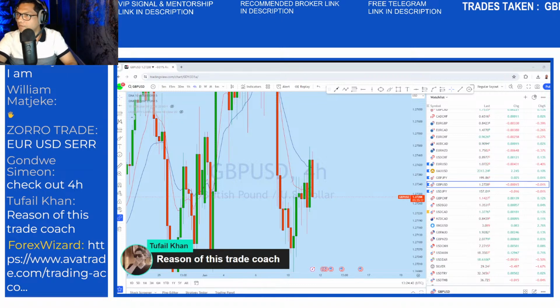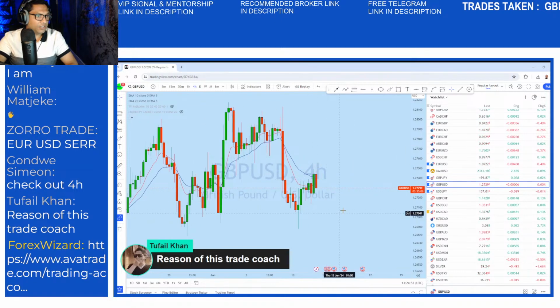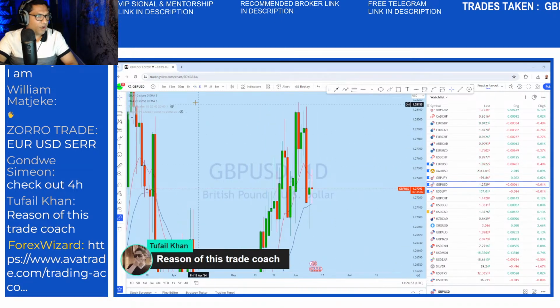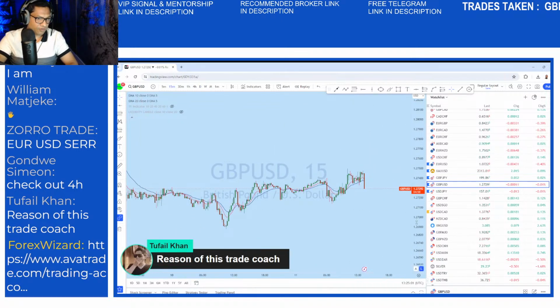Okay, so what next, guys? Which one will we be looking at? GBP USD, you can see there is a bearish rejection. The price action is still looking bearish so far. Big rejection from the top.